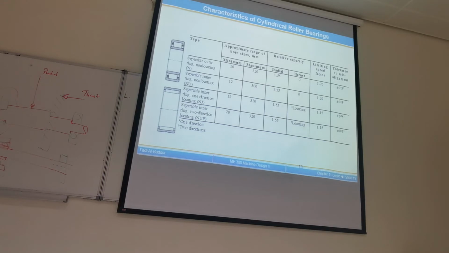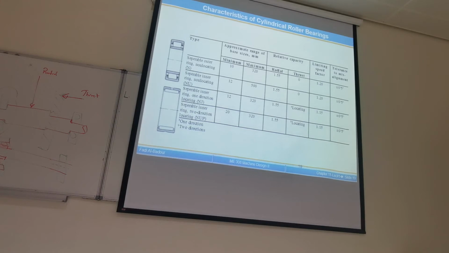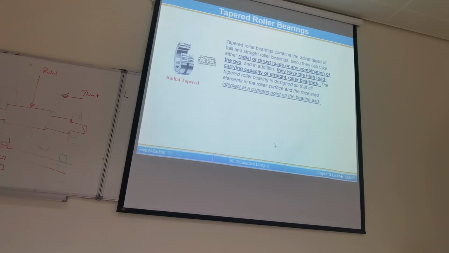This is to show the load capacity. You can see that the relative capacity of the cylindrical rolling element is about 1.55 of that of the ball bearing. Tapered roller bearing is the last thing we're going to study.